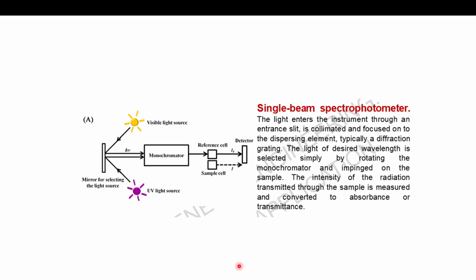There is something called a single beam spectrophotometer, where light enters the instrument through an entrance slit, is collimated, and then focused onto a monochromator, which only passes light of the desired wavelength, and then there's your sample as well.